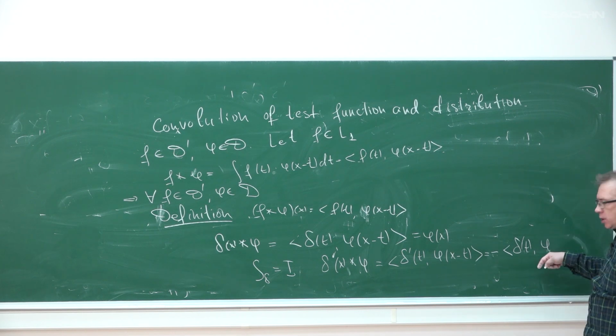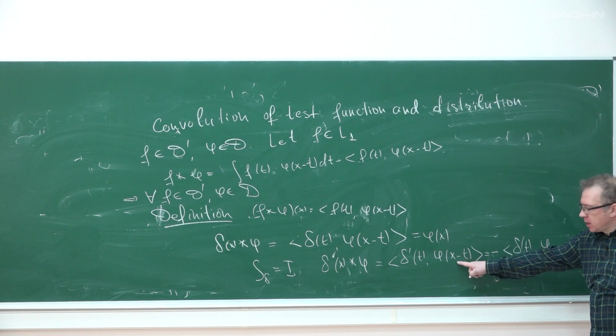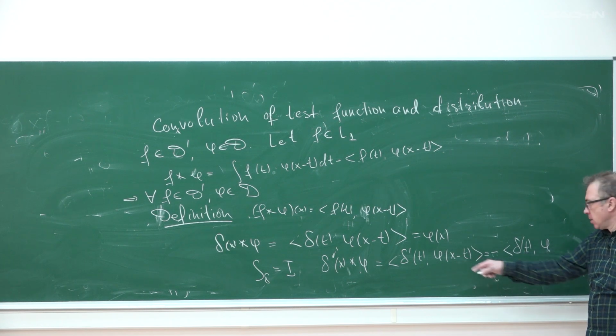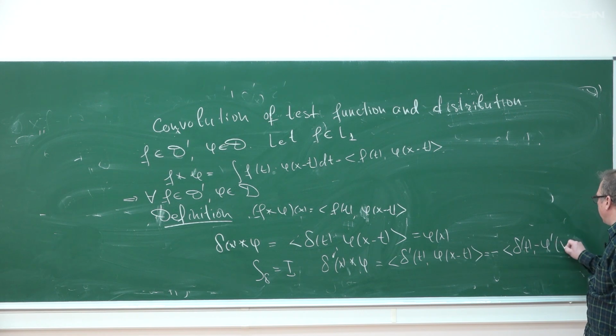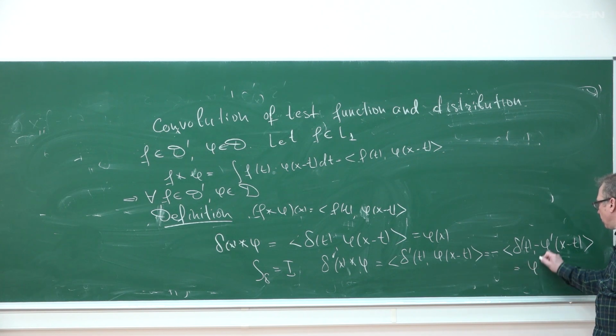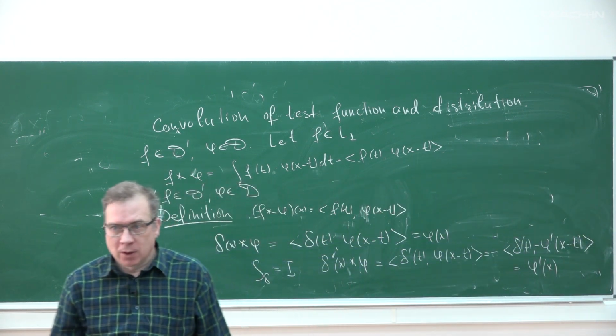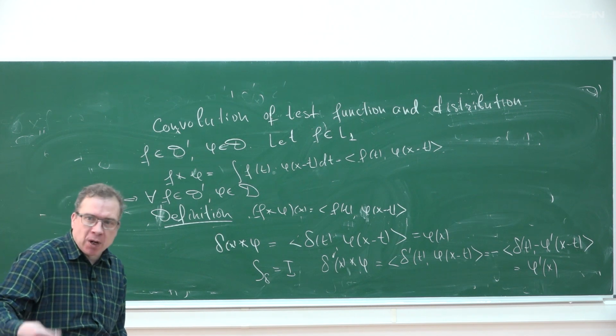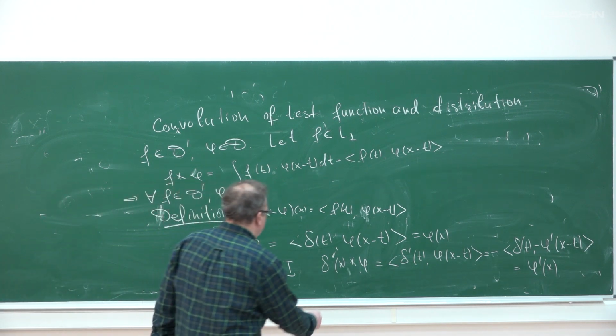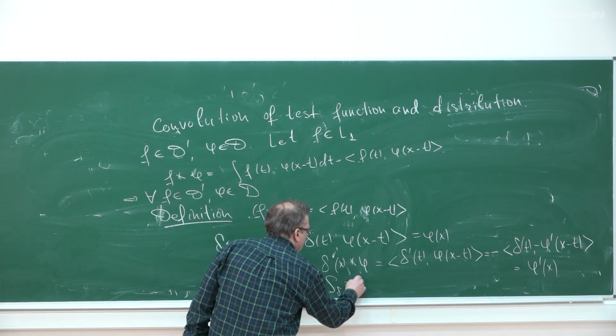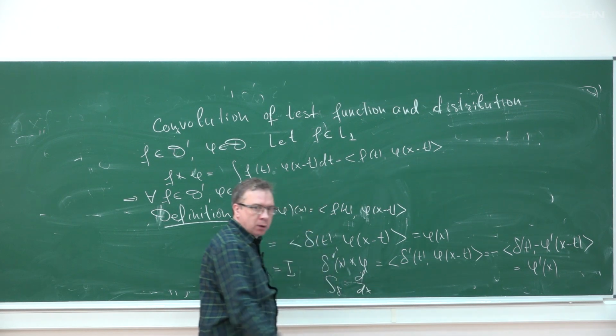You put the derivative on phi, yes? But the derivative by t, and here we have minus. So minus phi prime. So the convolution with delta prime is the derivative. You can write that as delta prime equals d/dx.